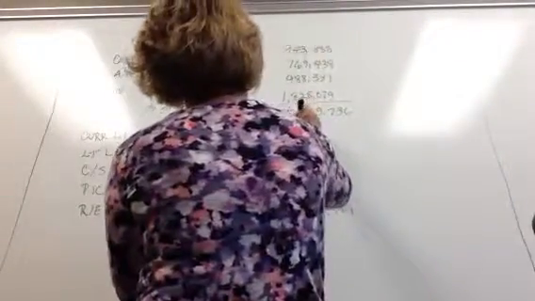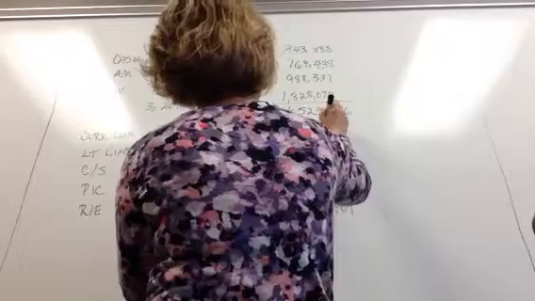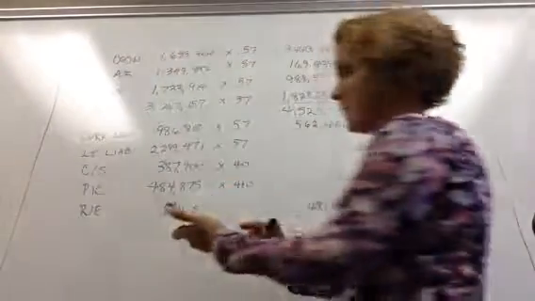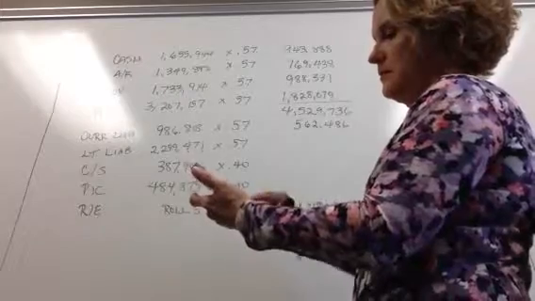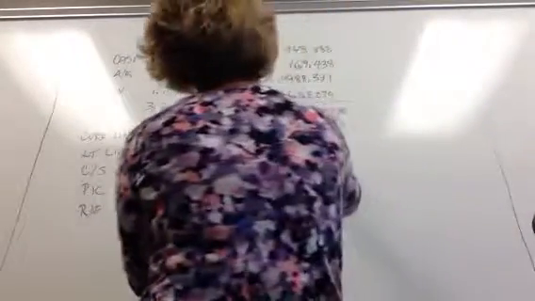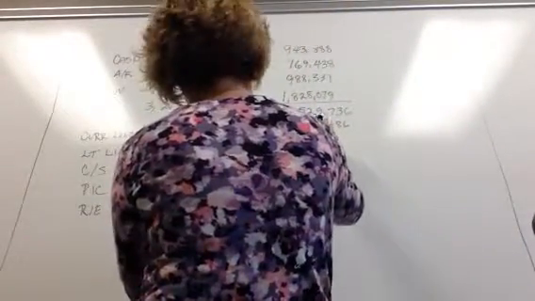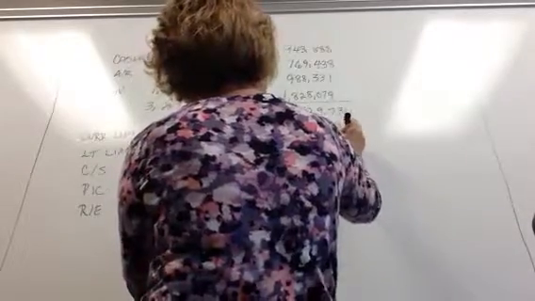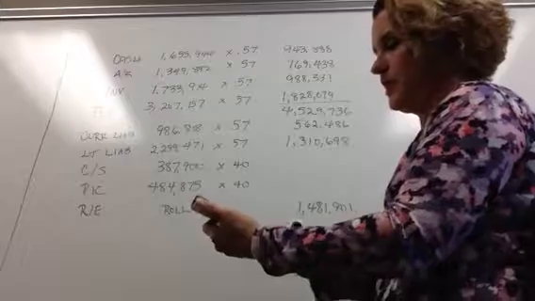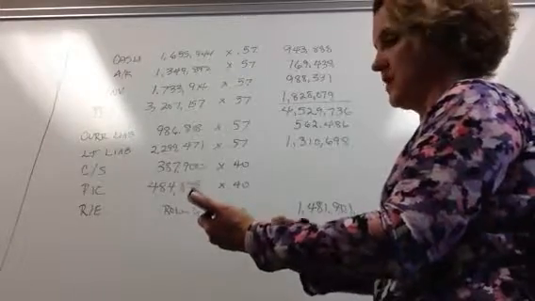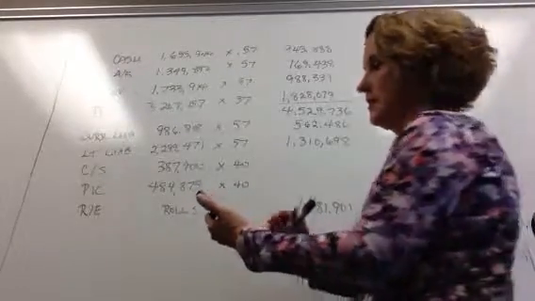And that gives me $562,486. Okay, then the common stock and the paid-in capital, again, at that historical rate, so it's going to be lower.